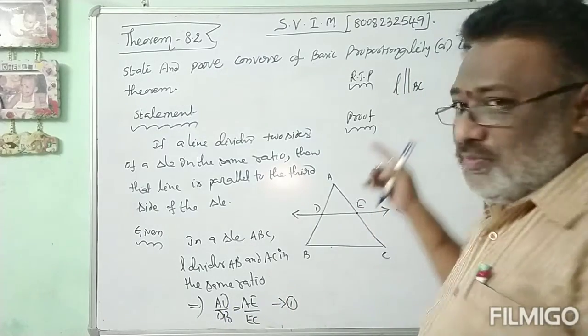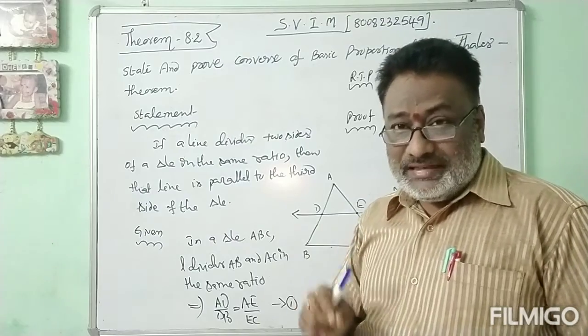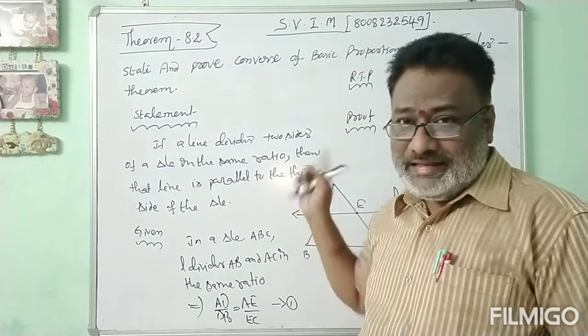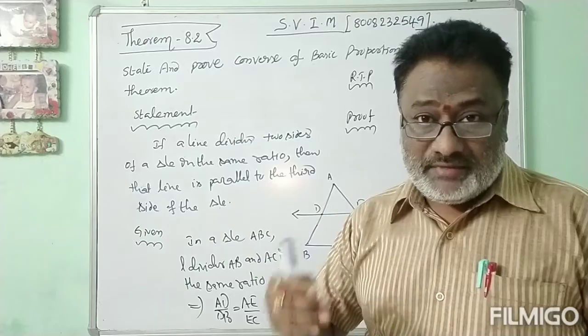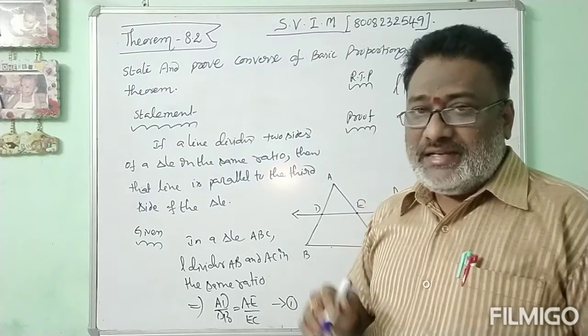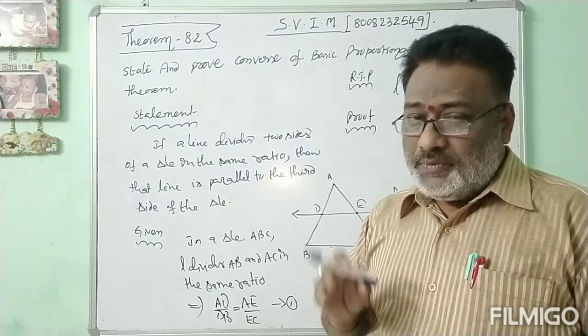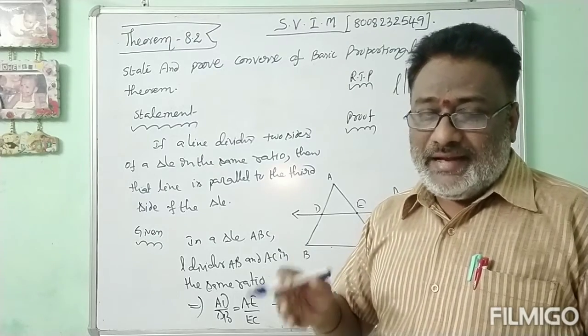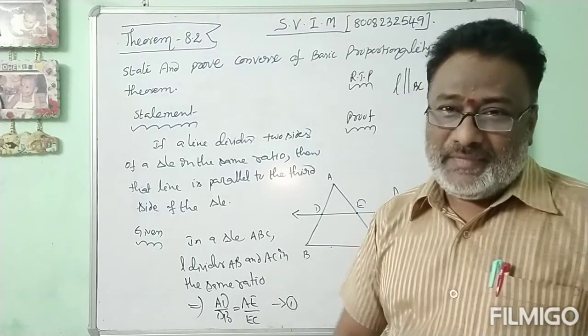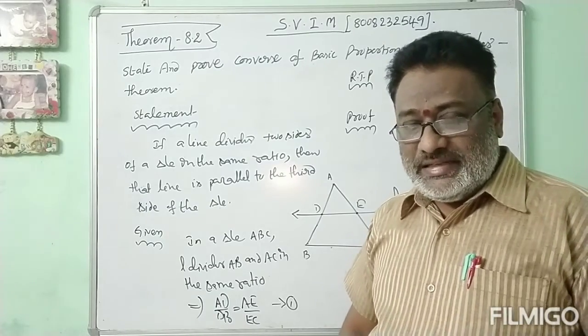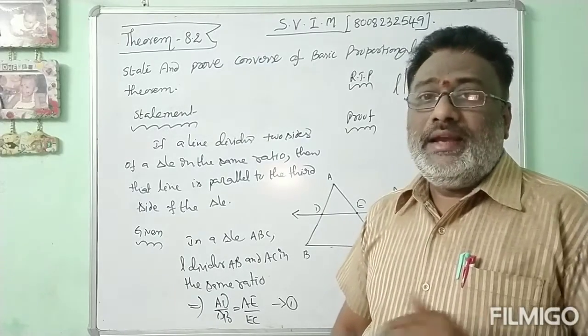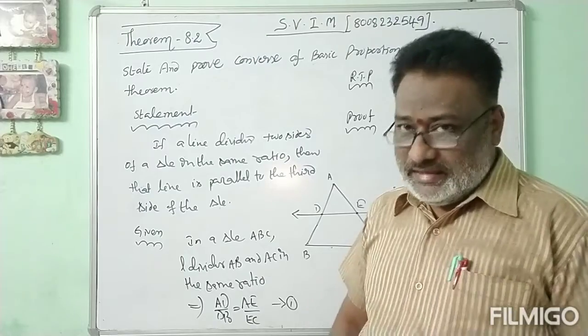Proving L is parallel to BC is our aim. For that aim we need to take a contrary meaning. So L is parallel to BC is what we need to prove. For that, the opposite meaning is what we need to take. That means L is not parallel to BC. By taking it in that way we need to prove the theorem.